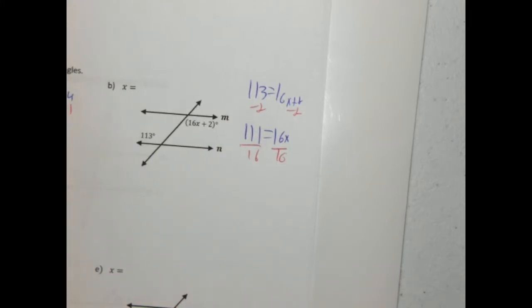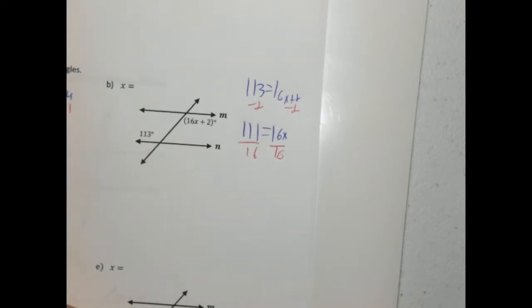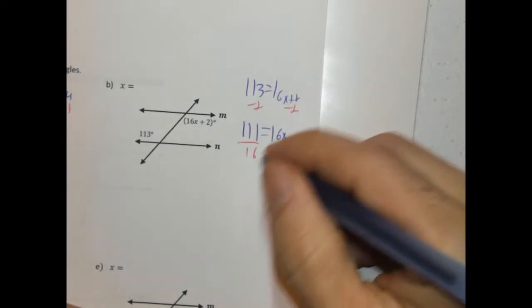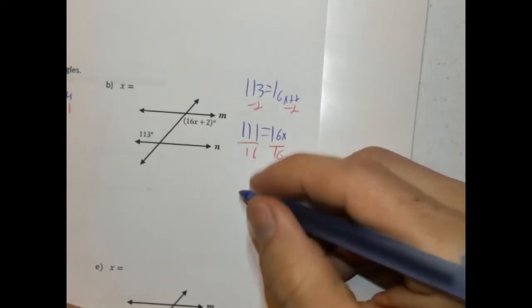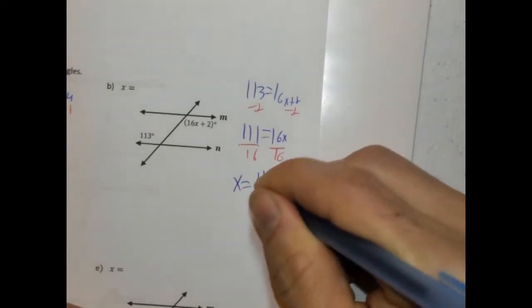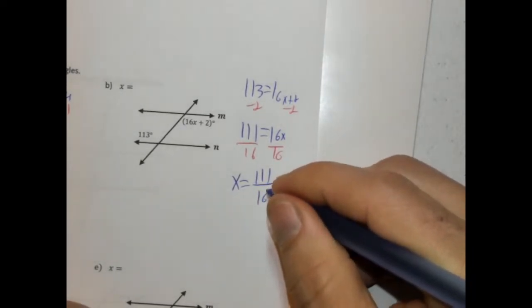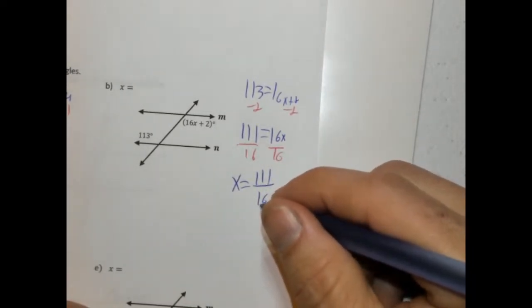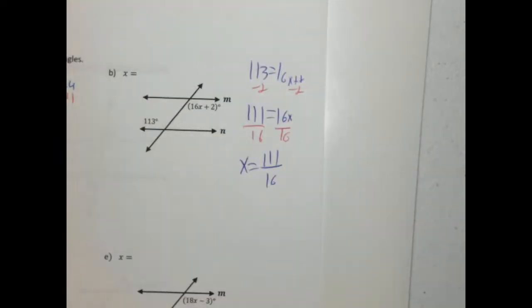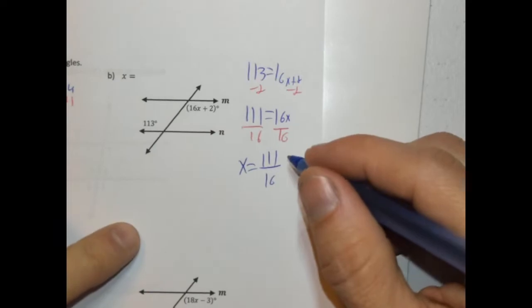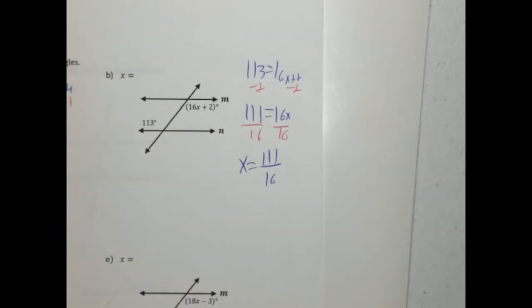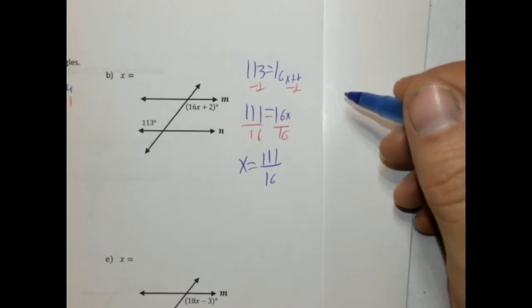Okay, we're going to get a fraction. I don't know why they did that. Not a great example. We're actually going to leave that as an improper fraction. Or 6 and, let's see, 16 times 6.